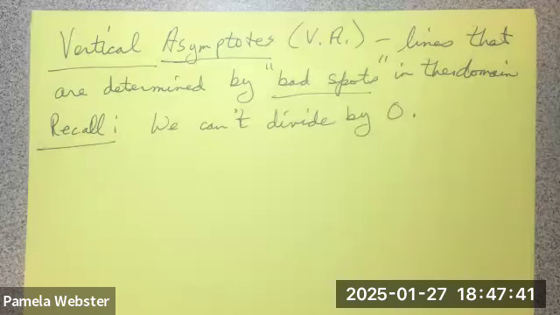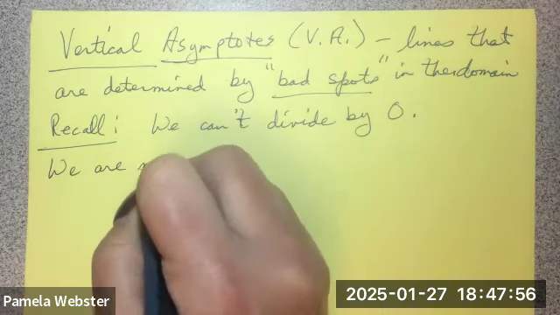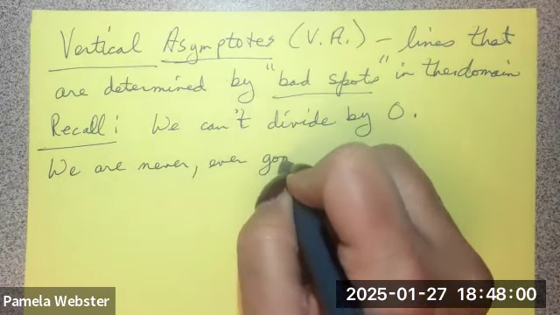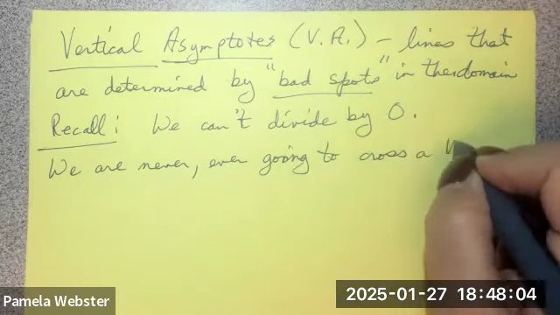Okay, so those are the things I'm worried about, the bad spots in the domain. The thing to remember here is that when we find these vertical asymptotes, we are never, ever going to cross them. Never, ever going to cross a vertical asymptote.